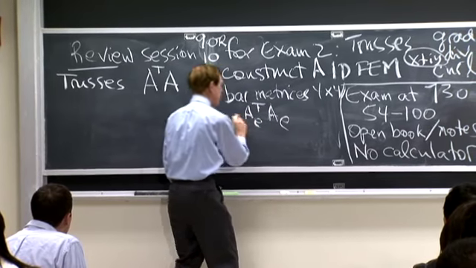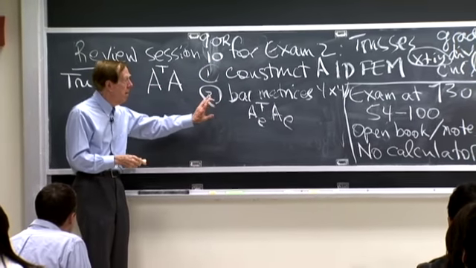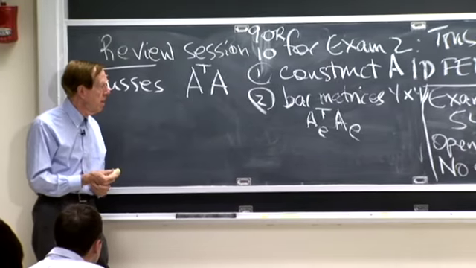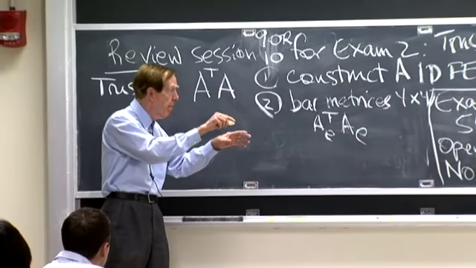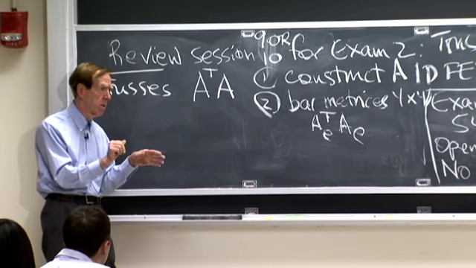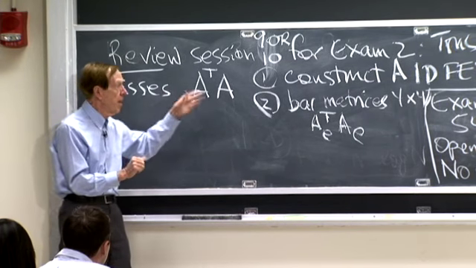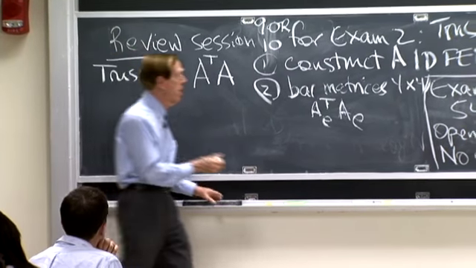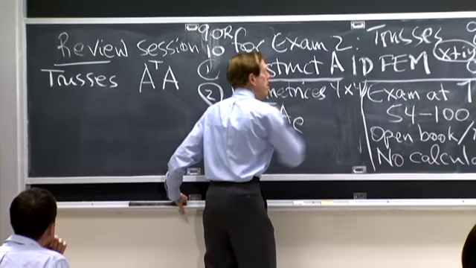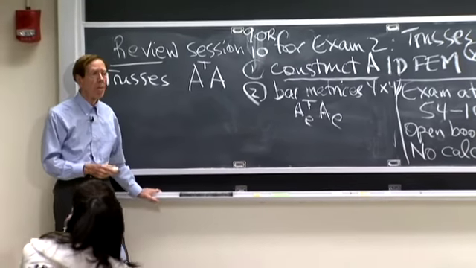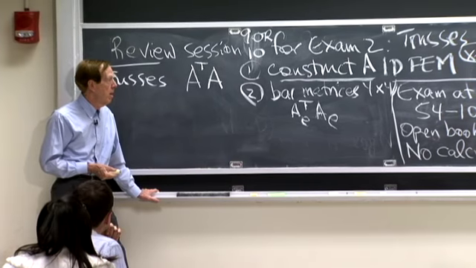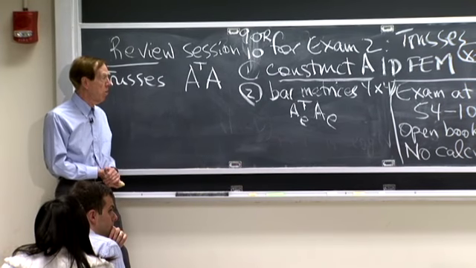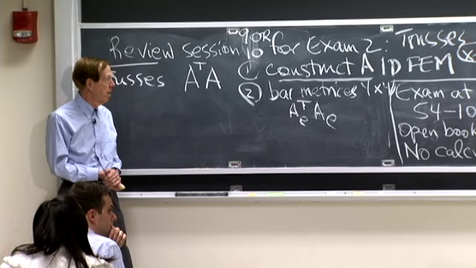And then you pop those into their correct places. I don't think I know any great idea beyond that. So I think you should really be ready to construct a matrix A, for a reasonably small truss, of course.